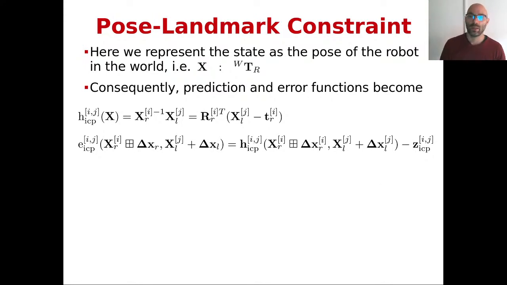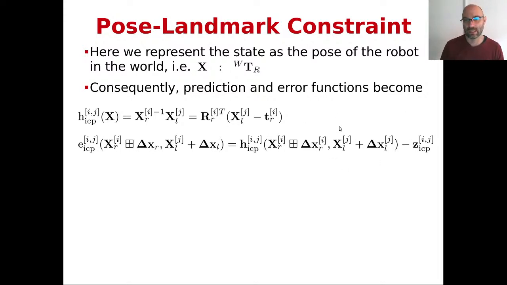Okay, and then you can proceed and calculate the Jacobian of this error. Calculating the Jacobian will require some calculations. I have done them in the code. I will not redo them here. This Jacobian will consist of two blocks, one block for the robot part and one block for the landmark part.